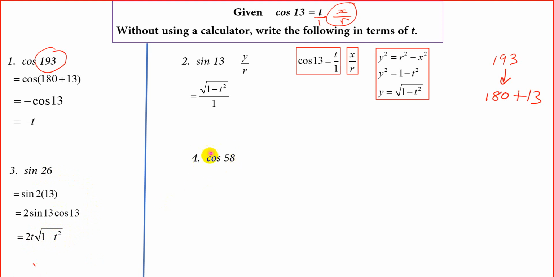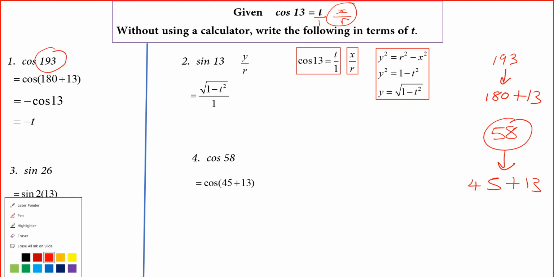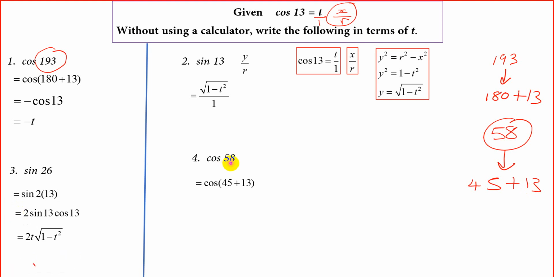Going on to our next one, cos 58. Remember, I want to rewrite this with a 13 in it, and my best bet on this one is to bring in a special angle. 58 can be written as 45 plus 13.